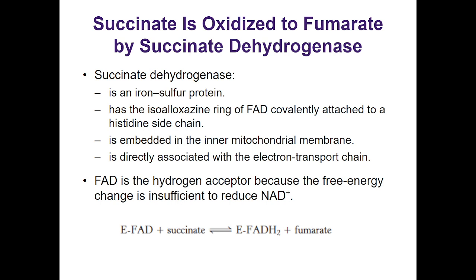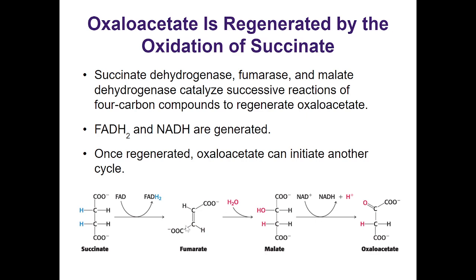Correctly stated, they should have been EFAD, ENAD plus, okay? Denoting their complex to the enzyme. So this is going to react with the succinate. This is going to form an equilibrium, which is going to take you to FADH2 on that enzyme, and the fumarate, which is that product in that first step.